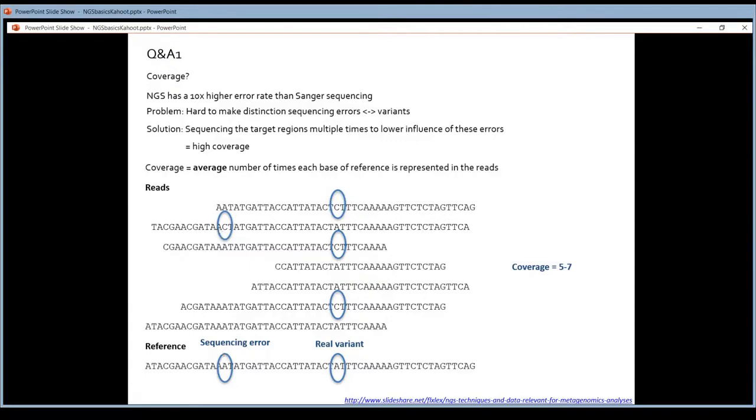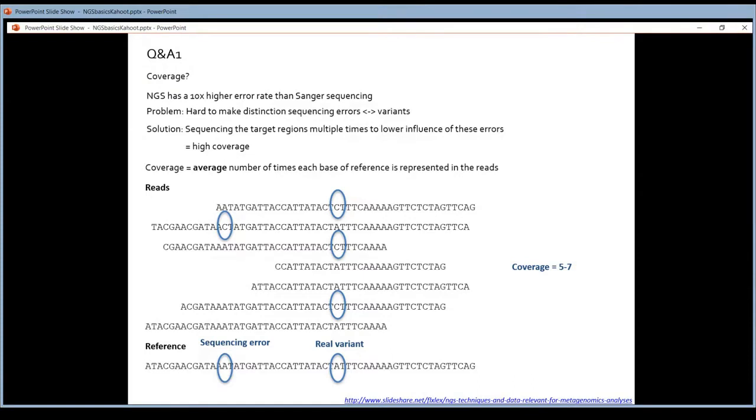Because these sequencing errors occur randomly, you don't expect them to occur twice in the same location. A real variation, however, can be found because it occurs multiple times in your reads. So for these data, you could say this is a sequencing error and this will be a real variation, a real mutation in the genome.